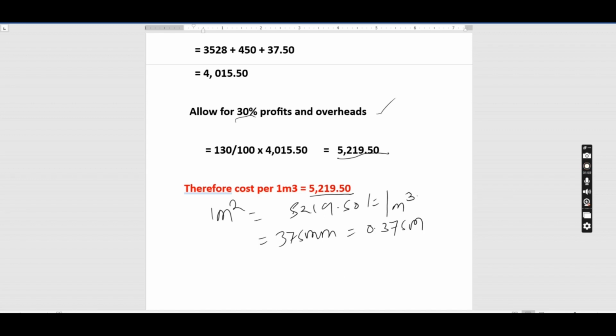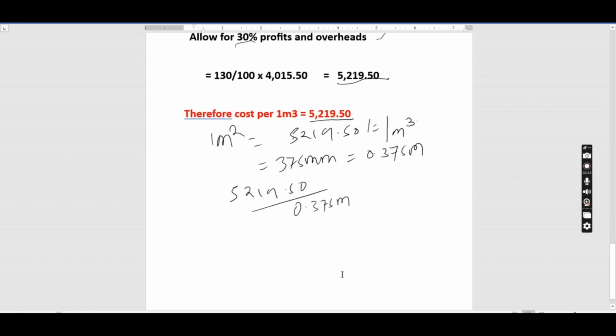So if you want to convert it to meter square, what we do, we take the meter cubic, that is 5,219.50, and then we divide by the thickness, which is 0.375 meters, so that we can get the cost. So let me take my calculator and we do that one for us to be able to get that cost per meter square.